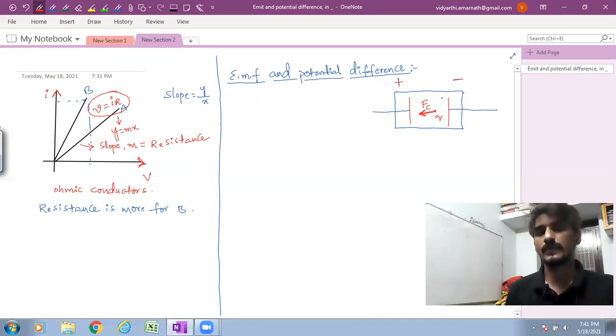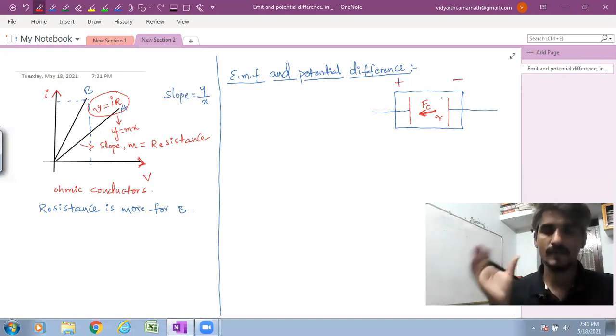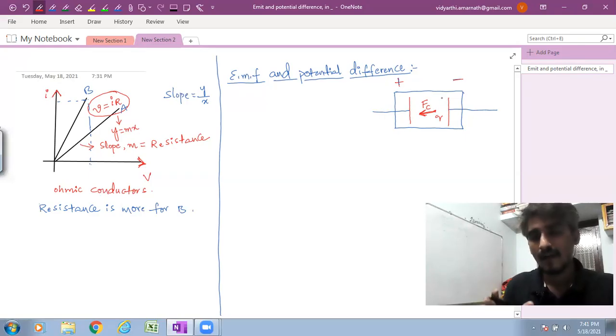Meanwhile, you know what happens? Due to the electric field set inside the battery, one electric field is set in the opposite direction, and that electric field takes the charges from the positive plate to the negative plate. This is called the electric force.